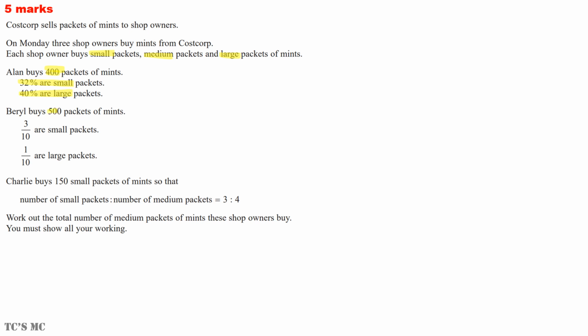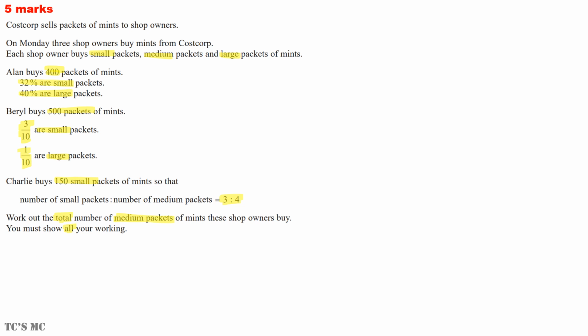Beryl buys 500 packets. 3/10 of them are small and 1/10 of them are large. Charlie buys 150 small packets of mints so that the number of small packets to the number of medium packets is 3 to 4. Work out the total number of medium packets of mints these shop owners buy. You must show all your working.